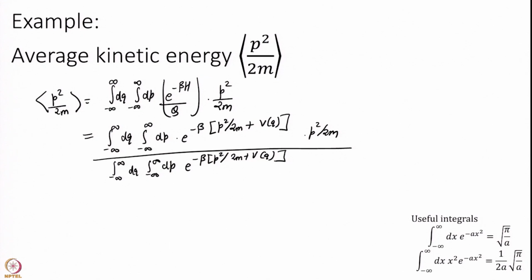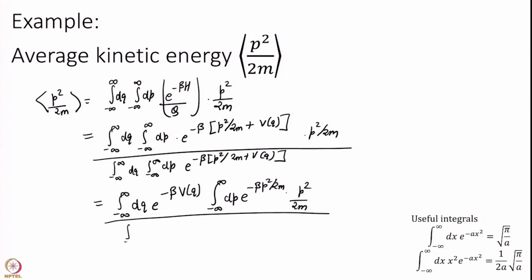And we again do the separation of q and p. So, I get the integral from minus infinity to plus infinity dq, p square over 2m, dq e to the power of minus beta V of q, integral over p e to the power of minus beta p square over 2m.